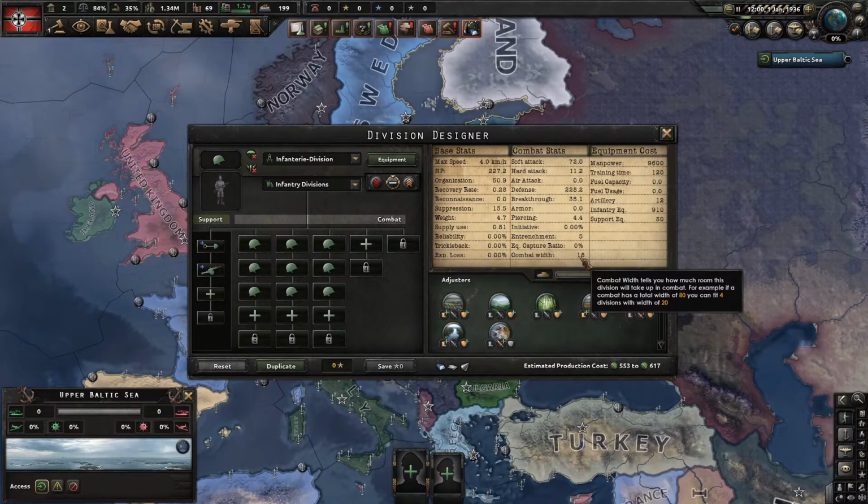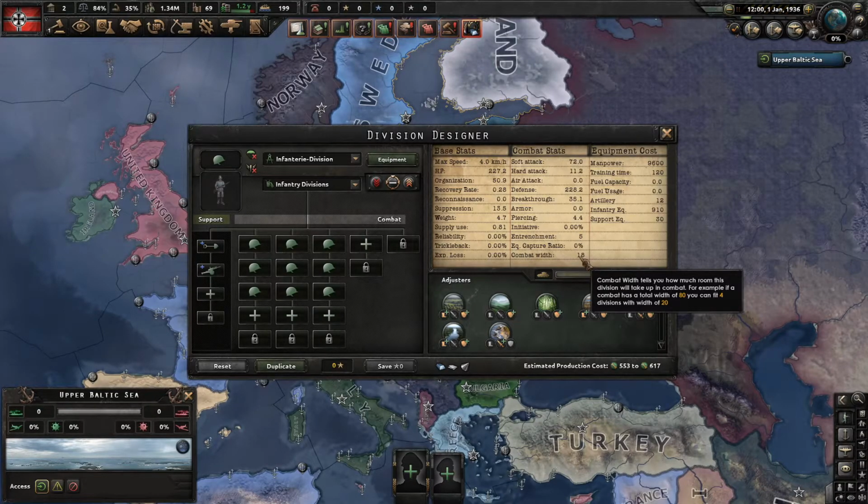Now there are a lot of things that'll affect combat width. For instance, the terrain can affect combat width. So in the mountains, combat width will not be 80, it will be a lower number. But what you will see a lot of people do is compose divisions of like 20 or 40 or even 10 combat width, so you can fit as many divisions in the battle as you can.